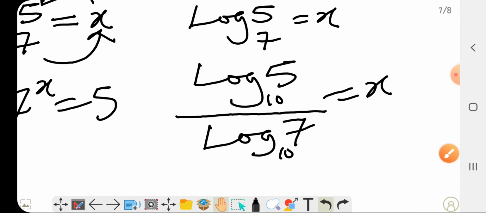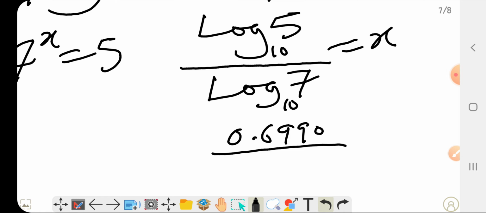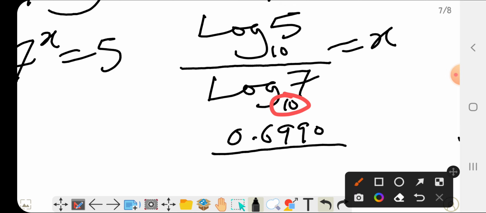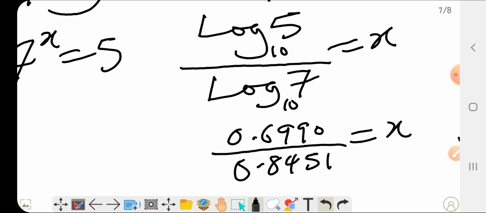So writing that one out, I'll have 0.6990 divided by, I'll punch in log 7 also because it is in base 10. It is allowed. I can do that because it has base 10. So log 7 gives me 0.8451, then equals x. Then I can now divide the values.